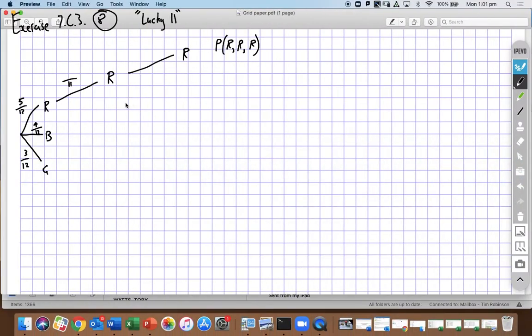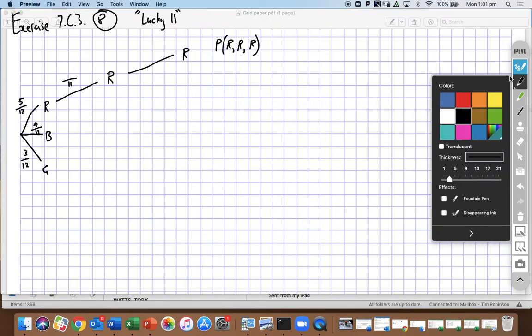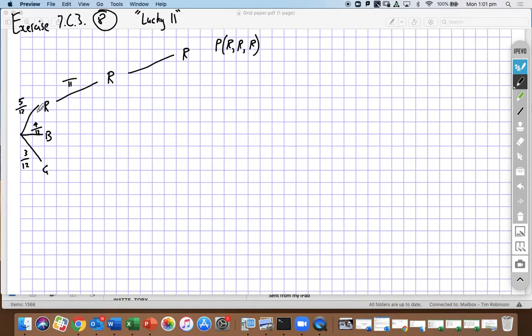So on the second draw, it doesn't matter where I am on the tree diagram, there'll only be 11 cards left. And one of the red ones is gone, so there'll be 4 out of the 11 cards that are red. And then on the third draw, there's only 10 cards left. One of the red ones is gone, it's not been replaced, so there'd be 3 out of 10 that are red.